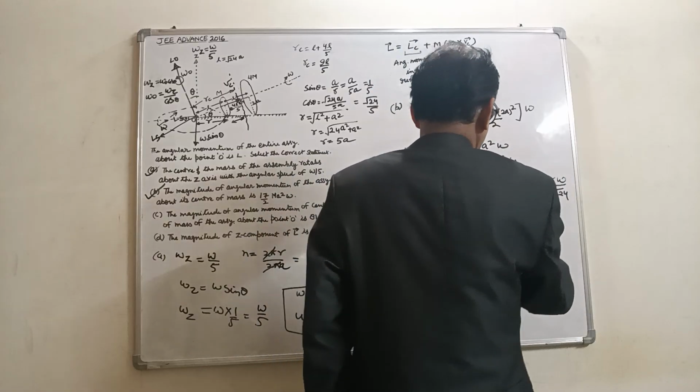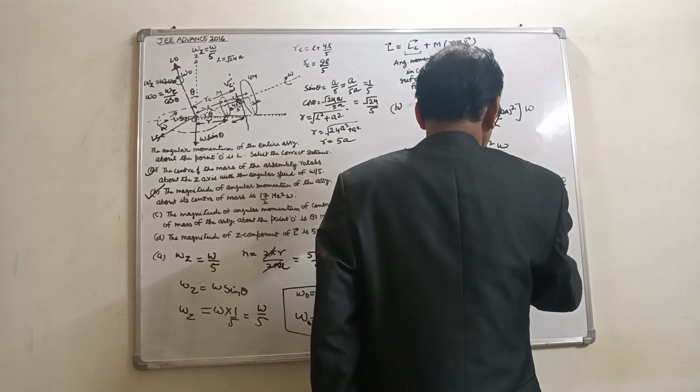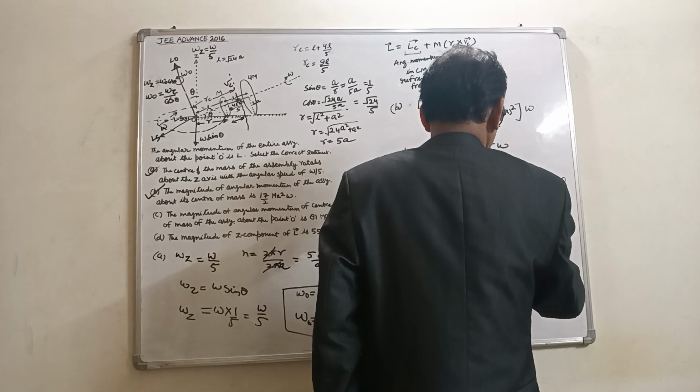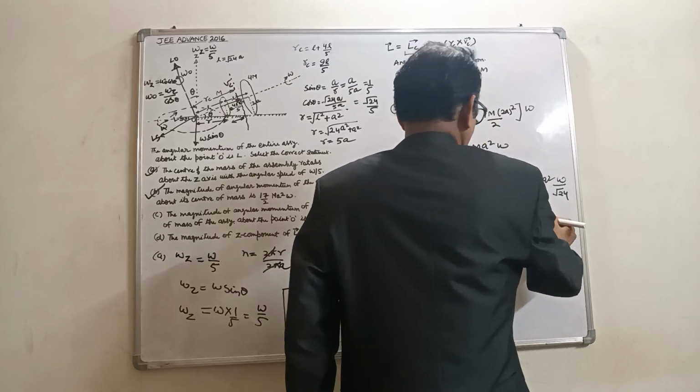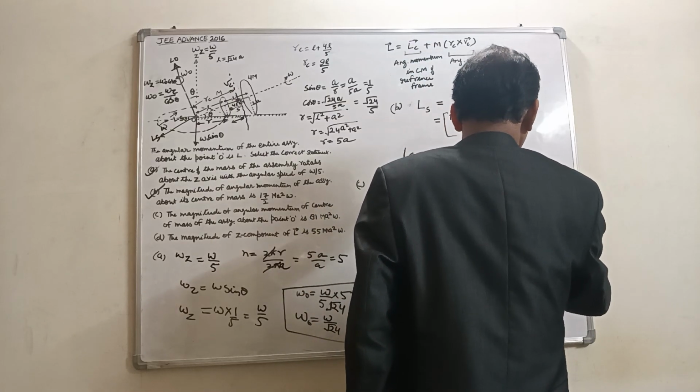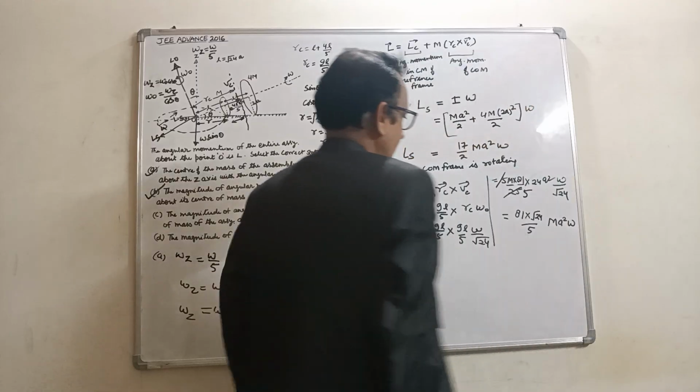So we write here 81 into root 24 by 5 m a square omega.